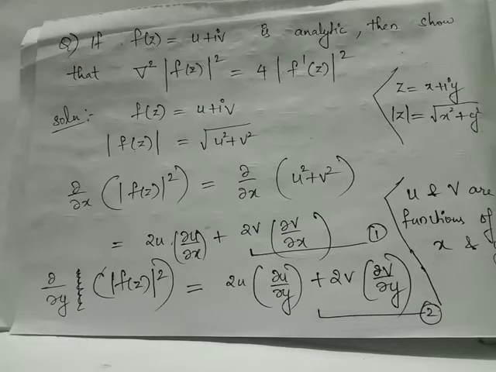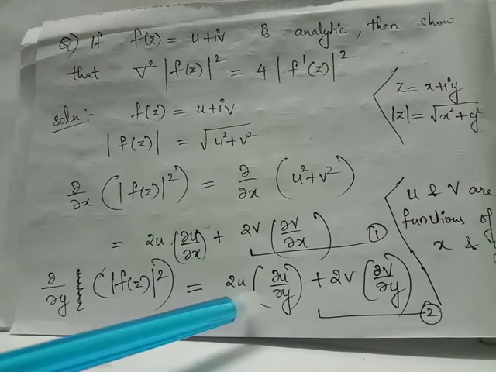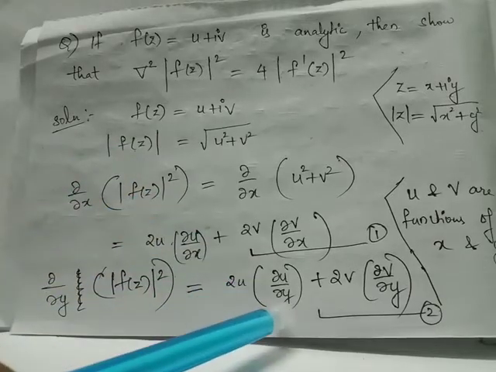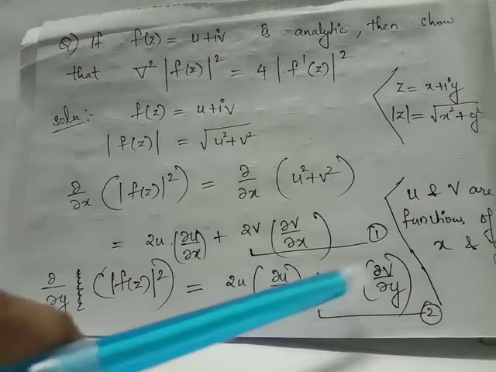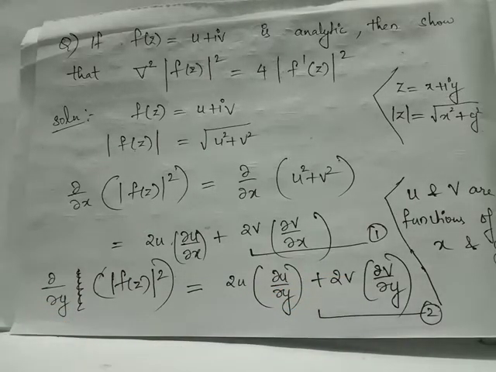So we will have to make use of product rule. Similarly, when we evaluate dou square by dou y square of modulus of f of z the whole square, we operate dou by dou y on the RHS of equation 2. Again we have to use product rule on both the terms because u and dou u by dou y might involve terms containing y, and v and dou v by dou y also might contain terms involving y.